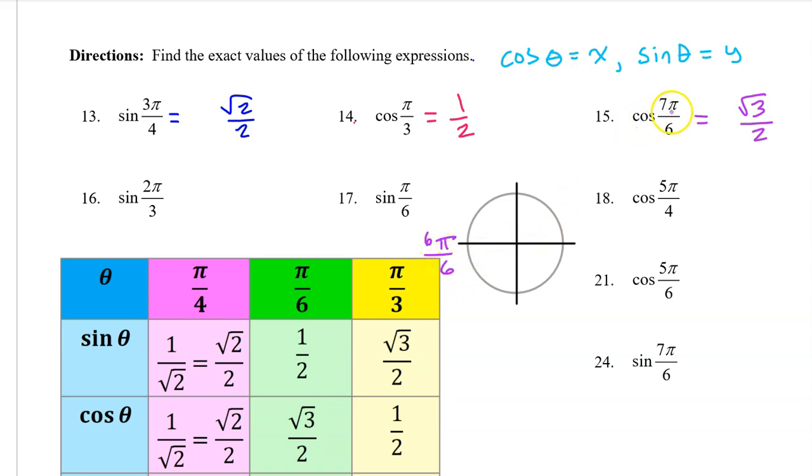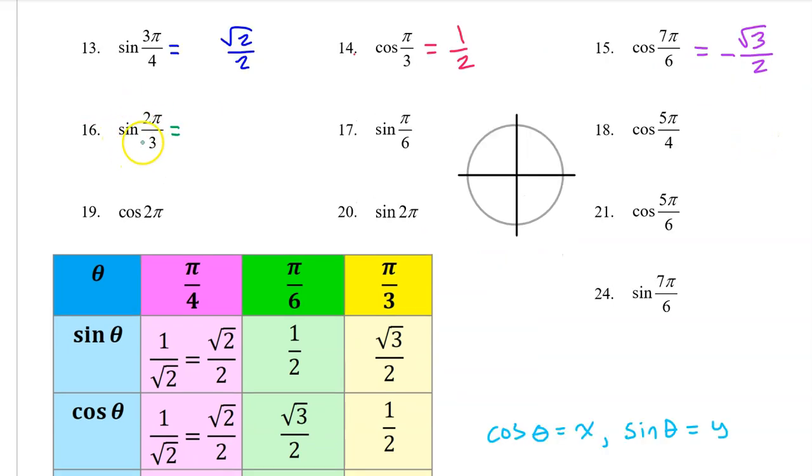Therefore, 7 pi over 6 will be one multiple past that, which puts it in the third quadrant. On the unit circle, cosine is the x value, and x values are negative in the third quadrant. We are to the left of the y-axis. Therefore, the cosine of 7 pi over 6 will be negative radical 3 over 2.